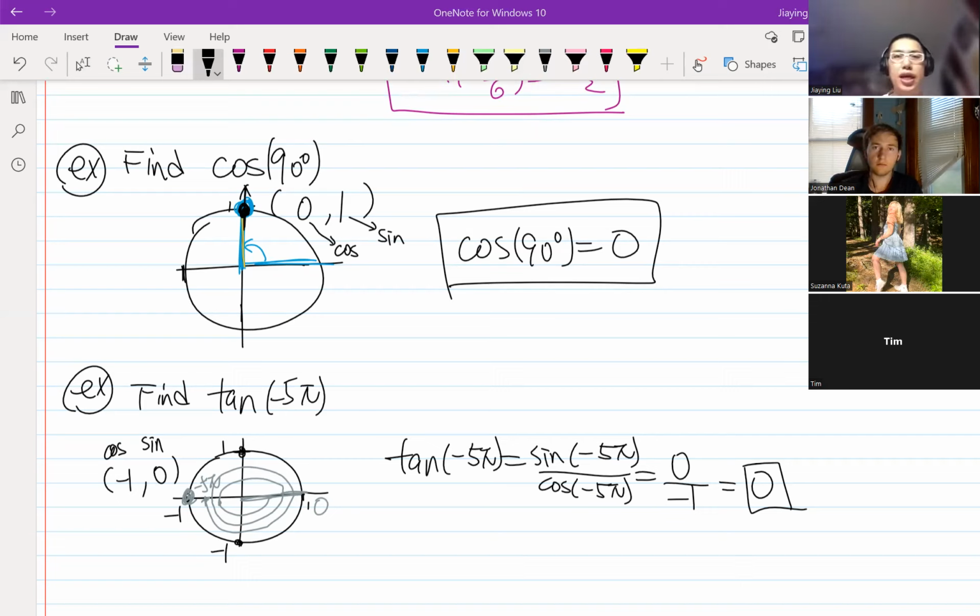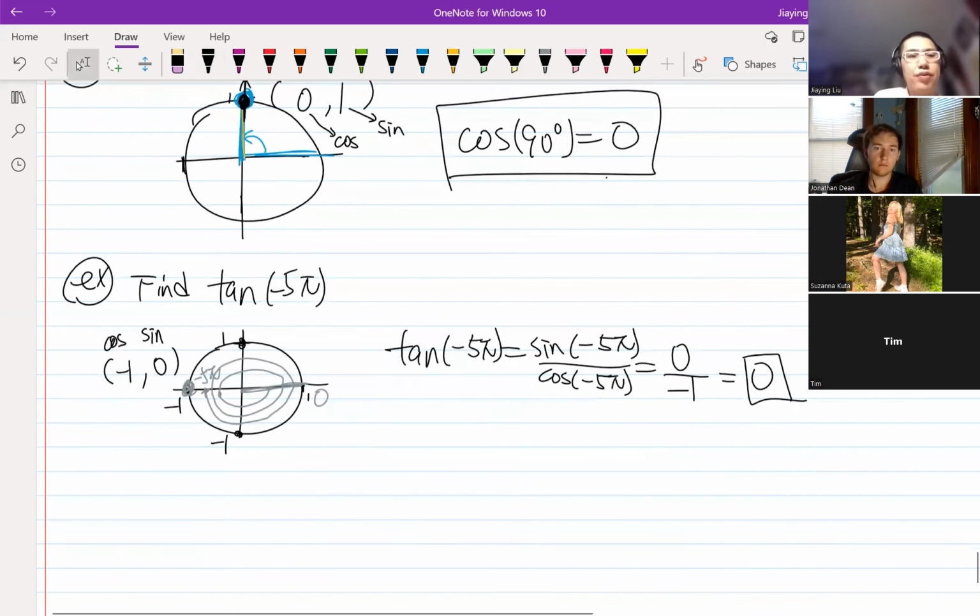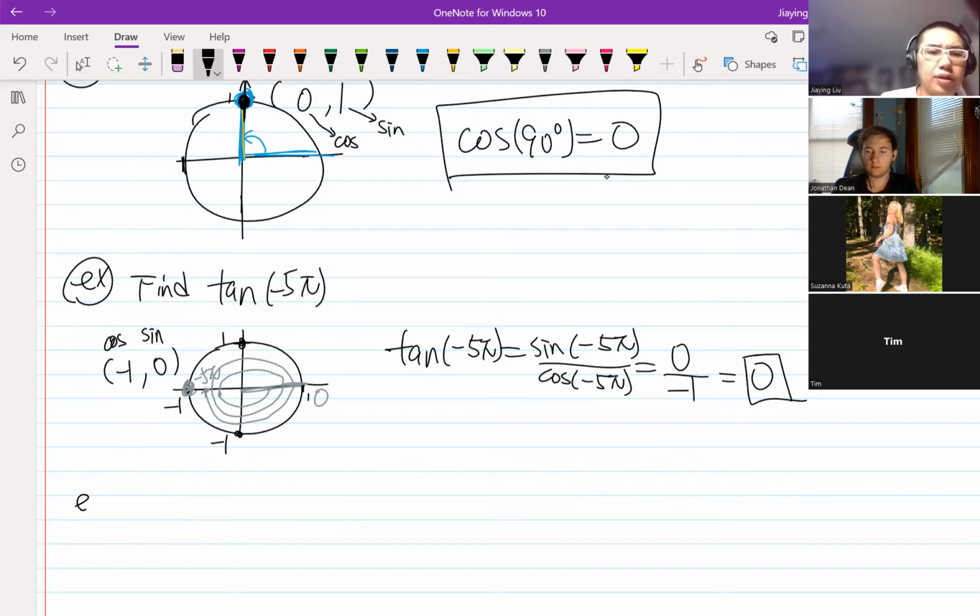All right, so let's look at another example. I'm just going to pull something off my head quickly. It doesn't matter, as long as the angle is a multiple of 30, 60, or 45. Let's see.